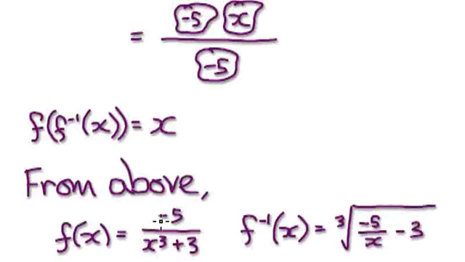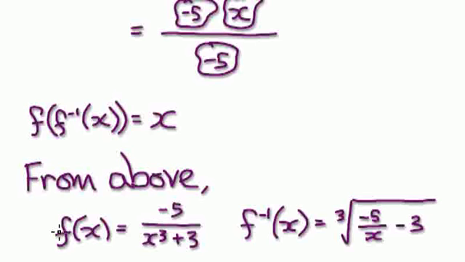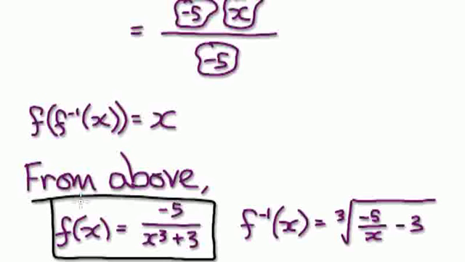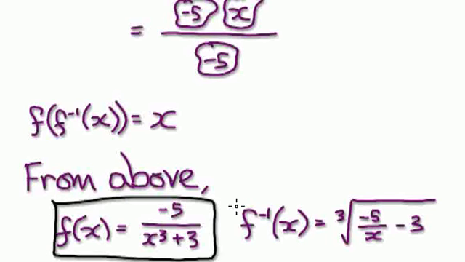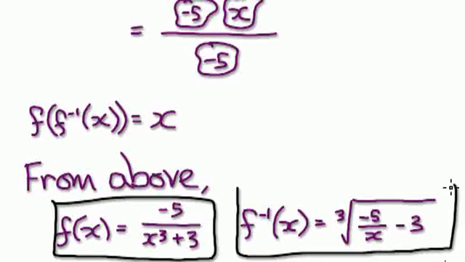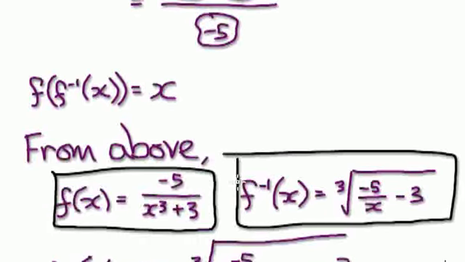So let's go back to the original statement here. Our original function was this. So from above, right from the start, our original function was this. We then worked out the inverse function, which was that.